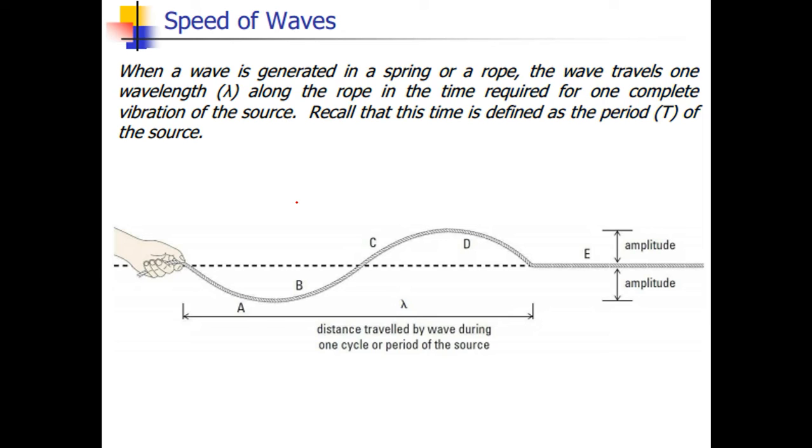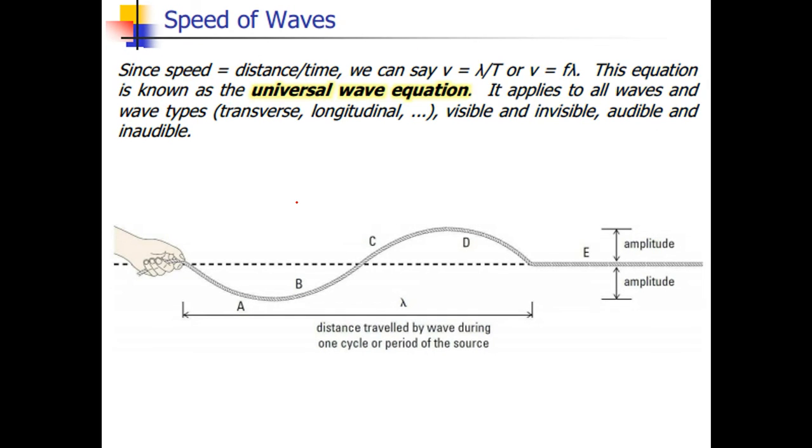If you think back to the moon example, we calculated the period of the moon, which is one revolution around Earth. So the universal wave equation, in which v is speed. We know that speed is distance over time, but for sound and for waves, v is equal to the wavelength divided by the period.